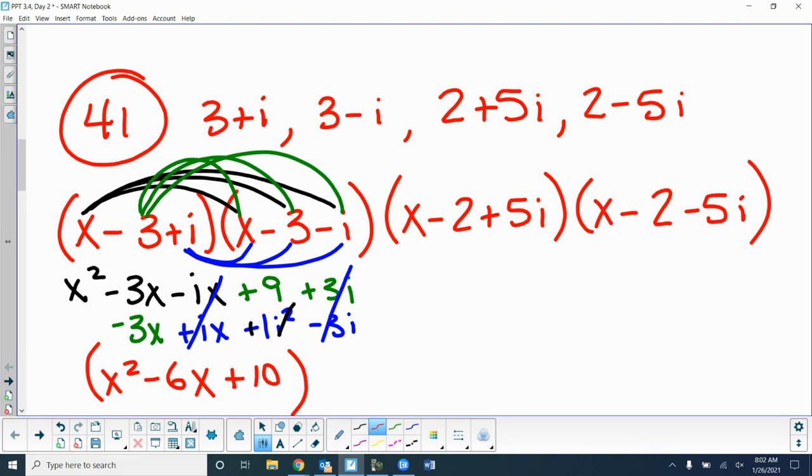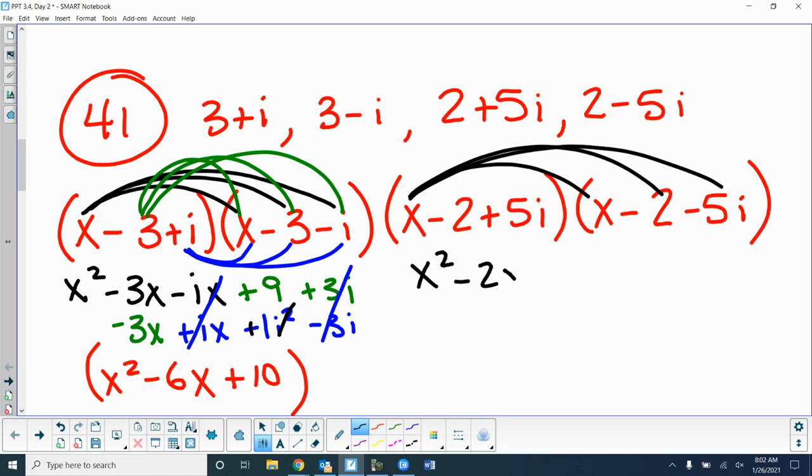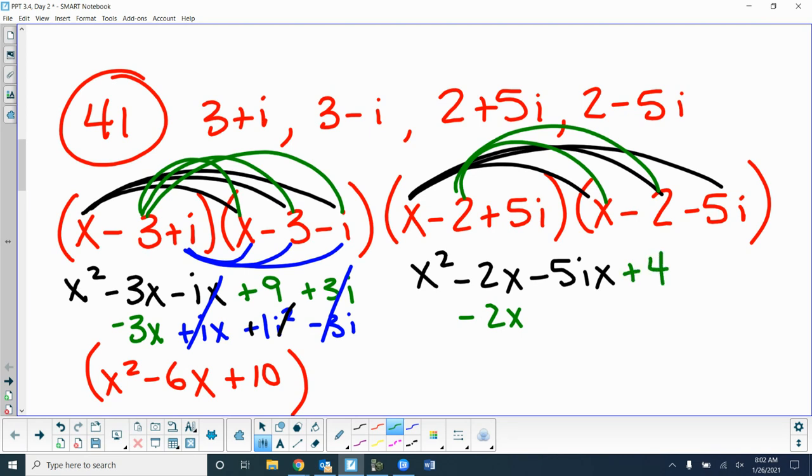Okay? And then we'll do the same thing over there. Okay? X times x, times negative 2, x times negative 5i. So x squared minus 2x minus 5ix. I always go alphabetical with my variables. And then, negative 2 times x, negative 2 times negative 2, and negative 2 times negative 5i is positive 10i. And then 5i times x is positive, and those cancel.